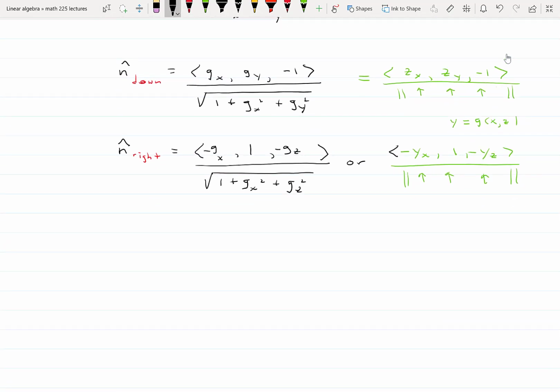So what about a normal in the left direction? A normal in the left direction would be the opposite of the unit normal in the right direction. So all we'd have to do is take g sub x, negative 1, g sub z, the opposite of the components before, over the length of the vector above.